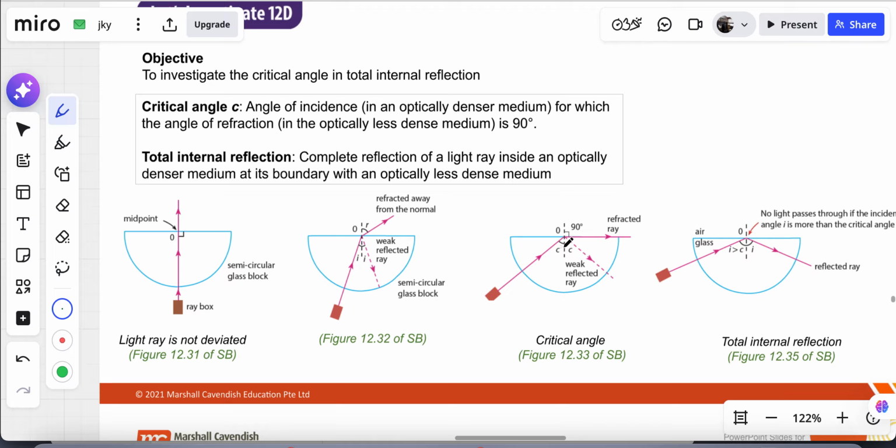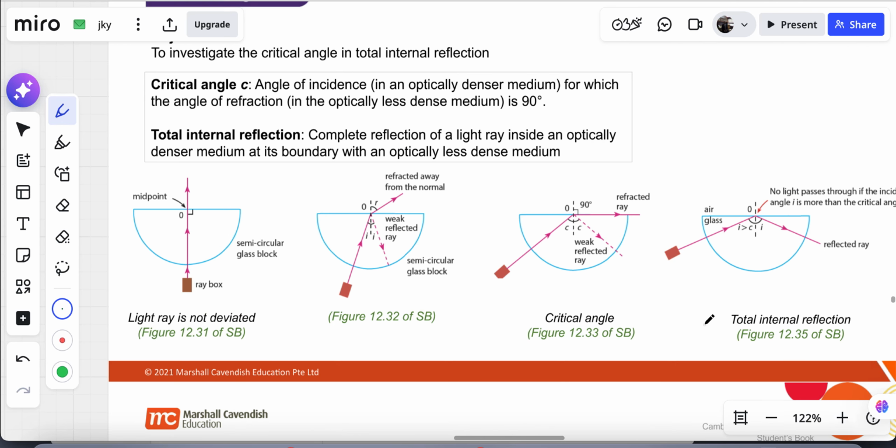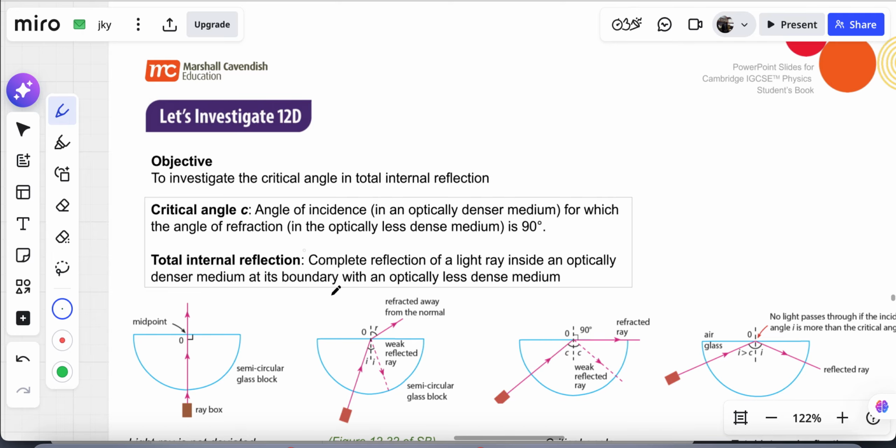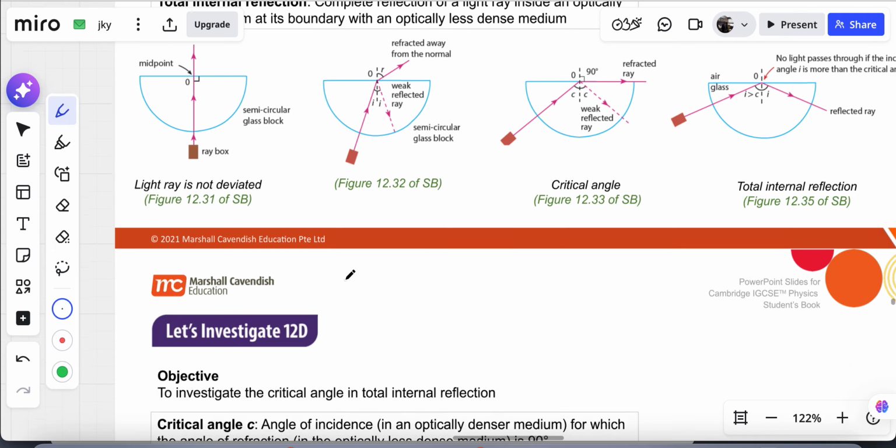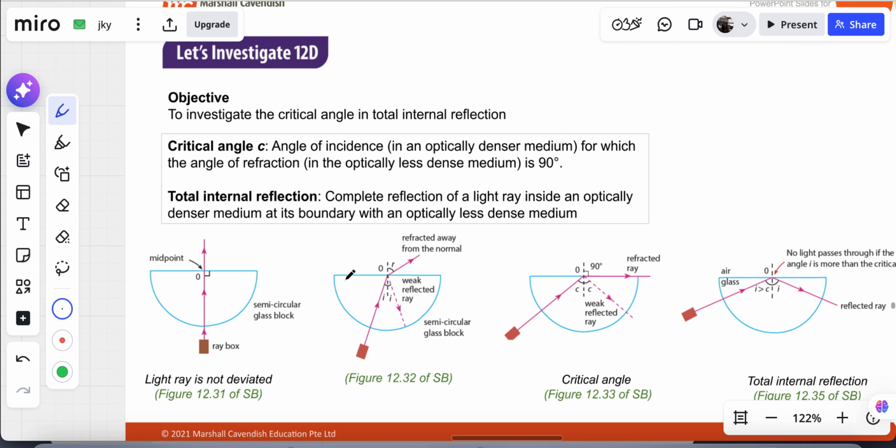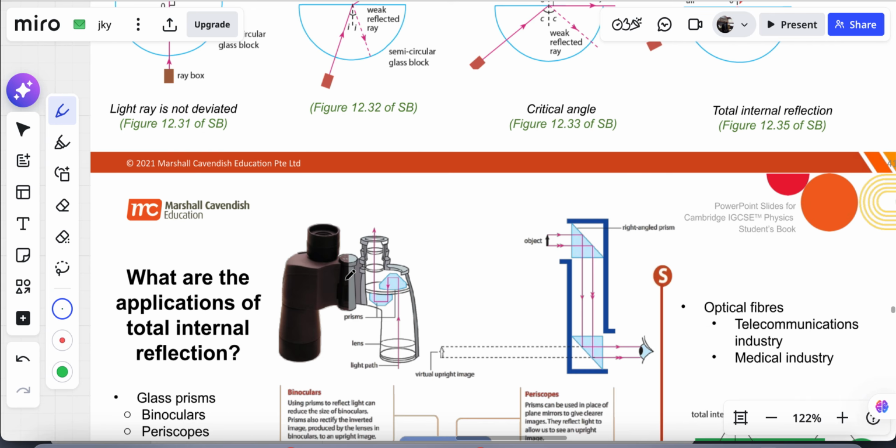That angle of incidence is called the critical angle. When the angle of incidence is now greater than the critical angle, let's say you increase it to around 60 or 63, then all the rays will be reflected back in the medium. That is called total internal reflection. So pause the video, look at the definitions. I've explained the definitions, and these are the scenarios with them.